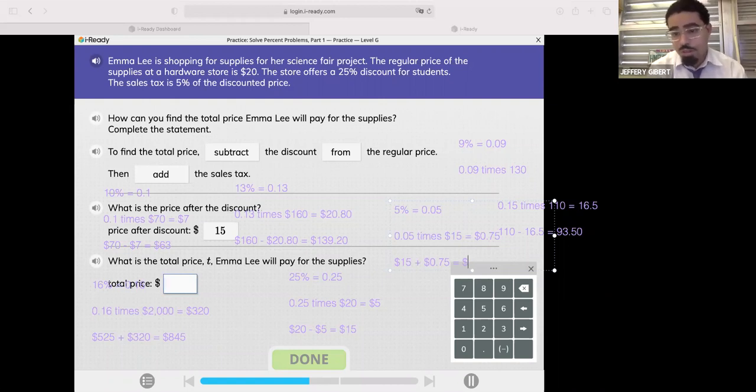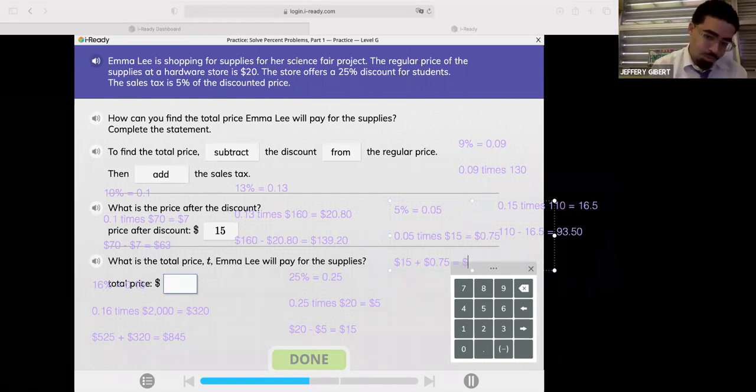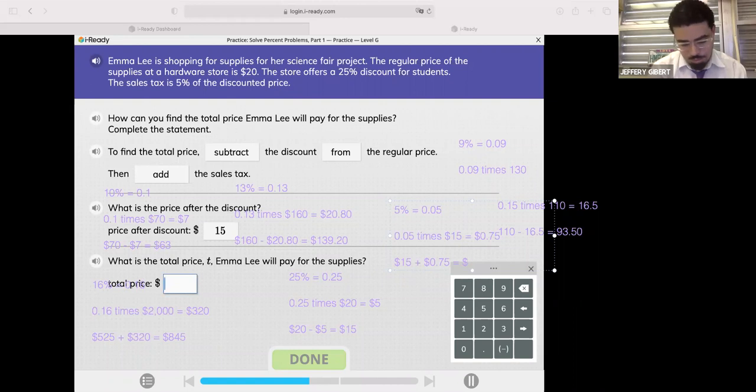So that's 15 plus 0.75. Zero point what? 0.75. 15.75. Right.